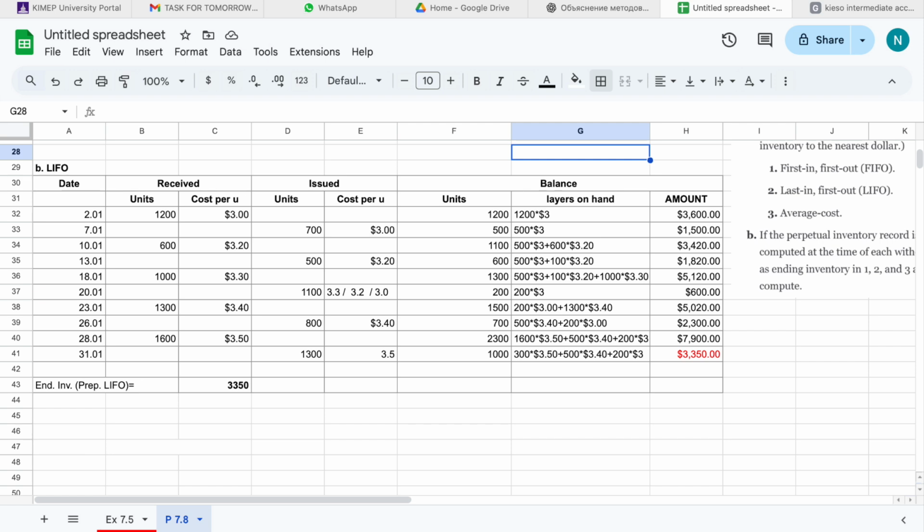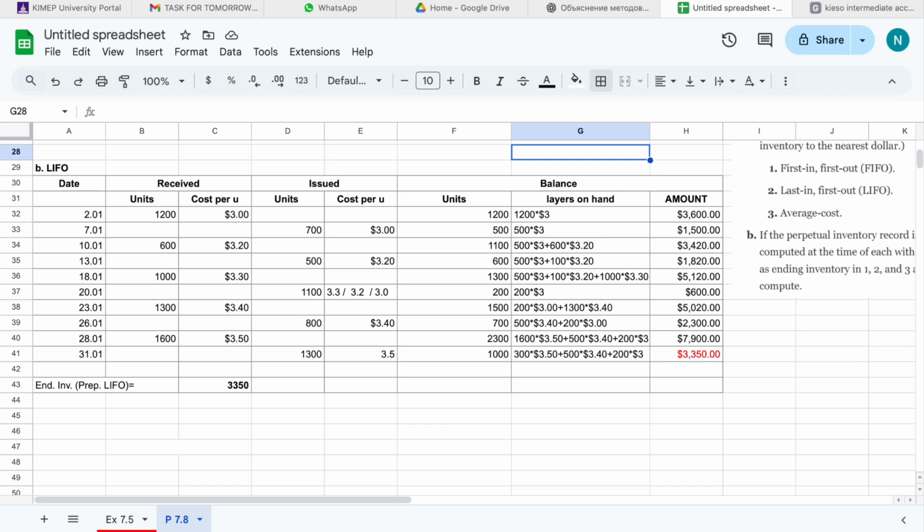For January 10th, we have two layers. Top first is the 600 at $3.20, and then the second layer is 500 at $3. So we're going to sum them together, and we will have $3,420 amount. For January 13th, we issued 500.